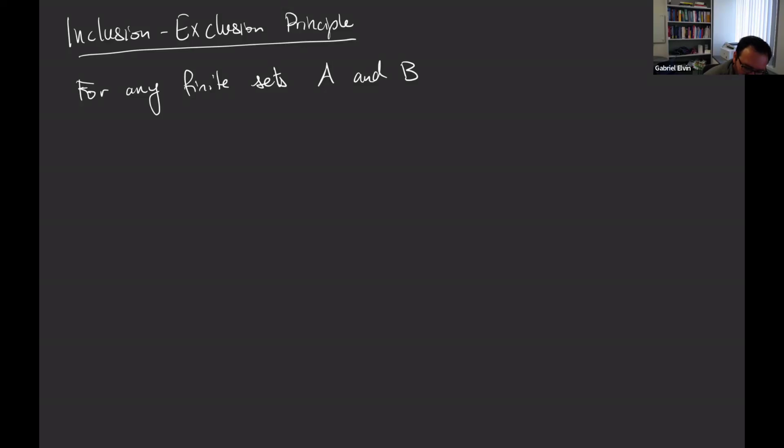But for any finite sets A and B, the size of the union is equal to the sum of the sizes of A and B minus the size of the intersection. Okay, so that's the inclusion-exclusion principle.